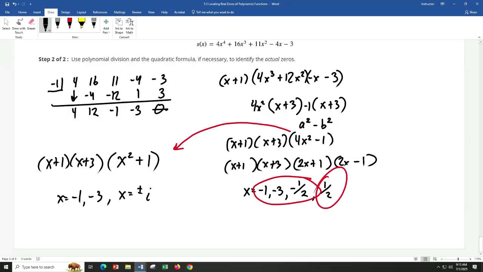What is our goal in 5.3? What is the reason you just learned how to do 5.3? Take a high degree polynomial and do what with it? Make it factorable by breaking it down, right? Find a zero. A zero or a root, we call it both interchangeably. Where does that cross the x-axis?